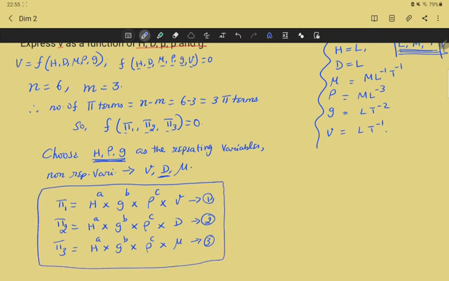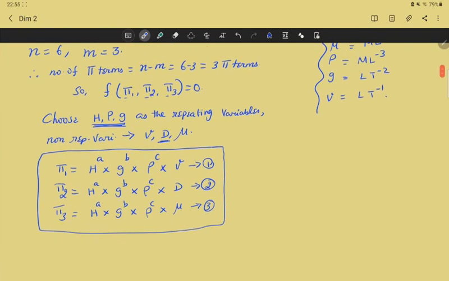Now all that we have to do is solve for each of the pi terms, pi 1, pi 2 and pi 3. What are the values for a, b and c? If we can solve these values for a, b and c in each of these equations, we'll be able to finish with the equation.